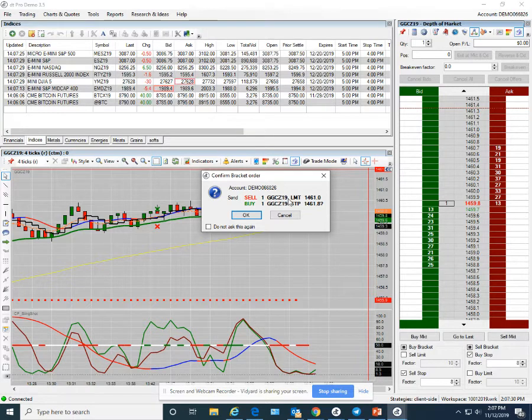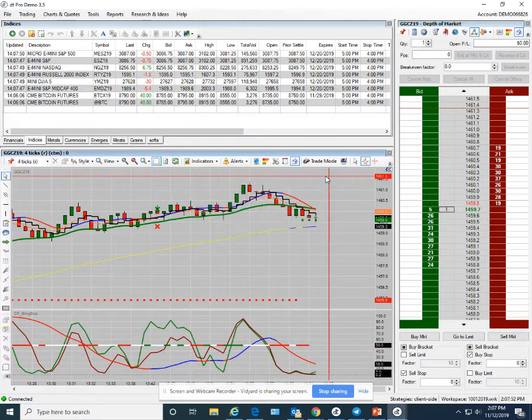Notice how I created a sell limit at 1461. You're saying the market has to come to me, has to get up to 1461 before I want to get short. You're guaranteed your price. But the execution we know now is that it better trade to 1461.10 before we're guaranteed a fill.